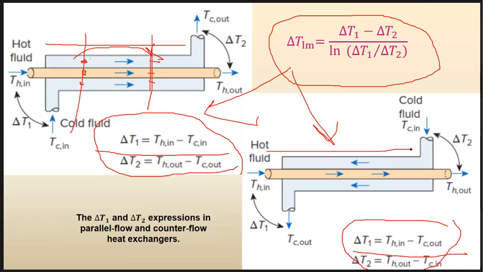The same for here. That's why when we want to calculate heat transfer rate between two flows using one unique equation, we need to have some overall average temperature difference over an entire unit of heat exchanger, we need to use these equations.